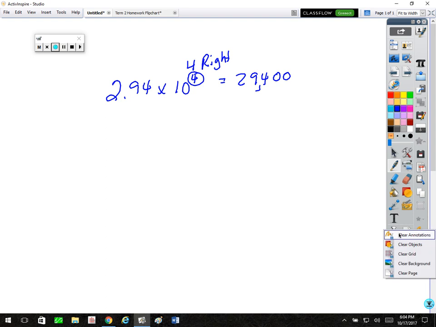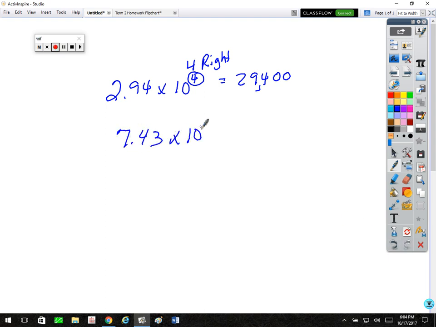All right. Let's look. What if I have 7.43 times 10 to the negative third power? I want to take this from scientific and put it in standard. Well, this time I have a negative exponent, which is going to tell me to move it to the left 3 places.